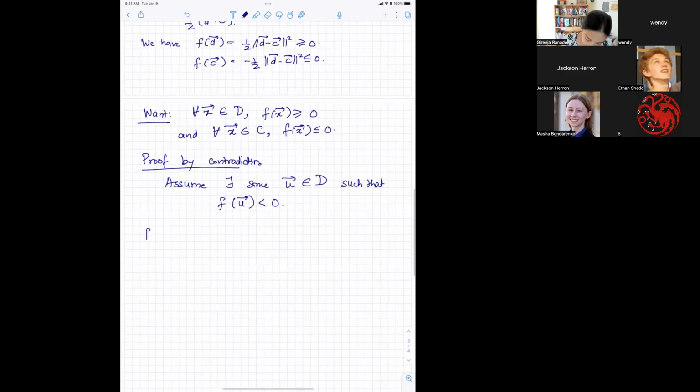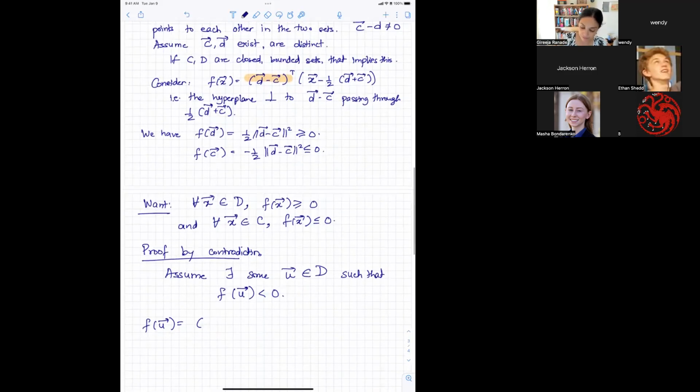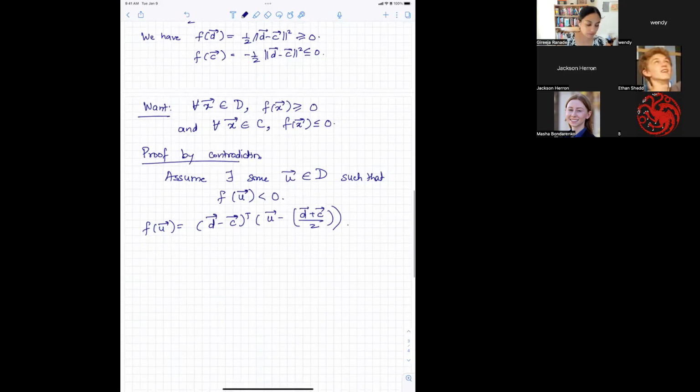So let's now evaluate f of u. Okay, what is f of u? Well, just plugging in, we have this equation here for f of x, or f of u. So we have (D minus C) transpose, and then u minus (D plus C) divided by 2. Okay?